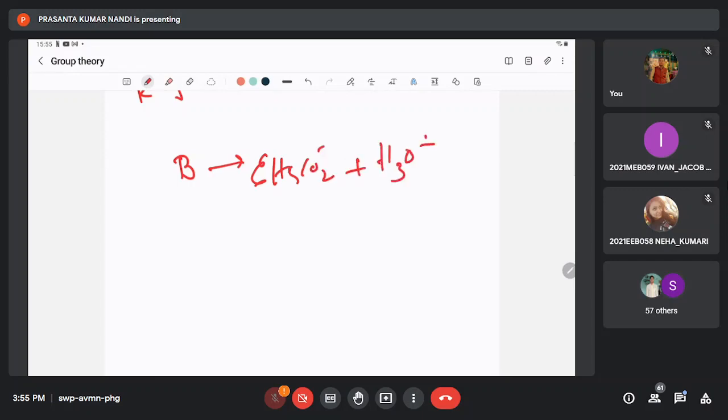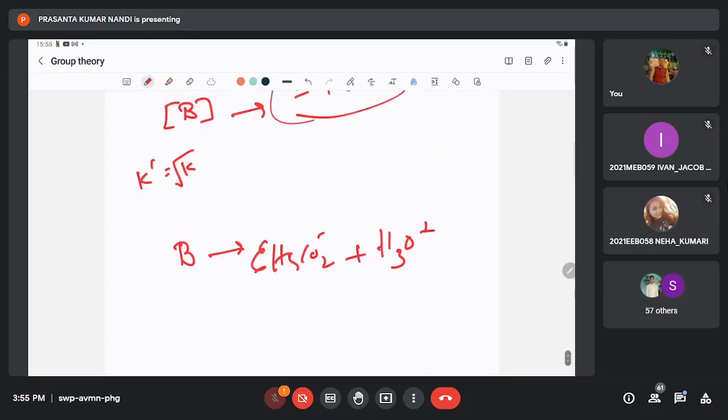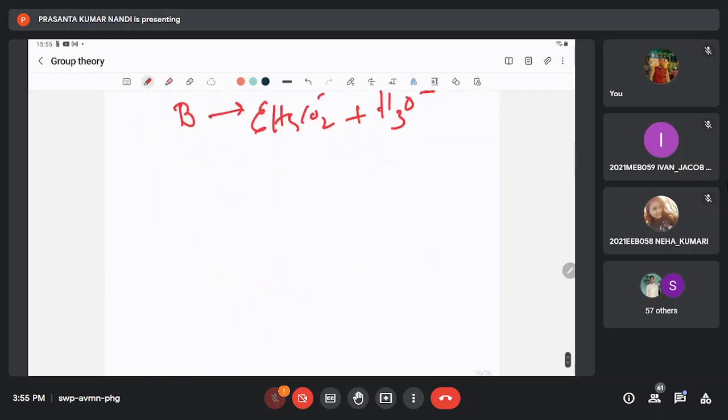Now for this equilibrium, we can put this concentration as C prime, with dissociation as usual. We write C prime (1 minus alpha), which gives alpha C prime and alpha C prime. Then what is the equilibrium constant or ionization constant?